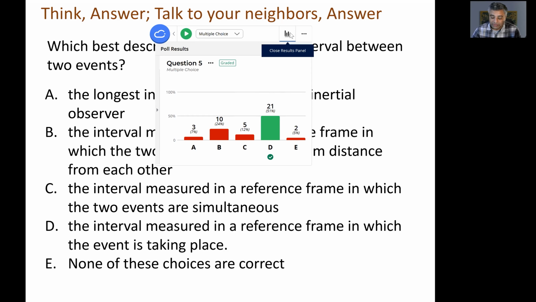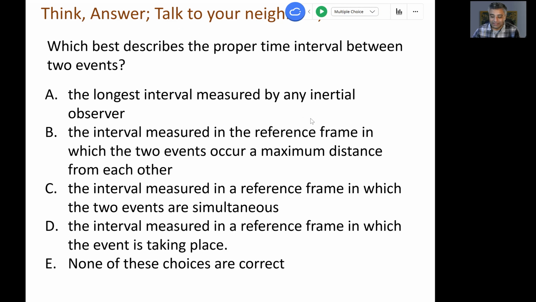So yes, understanding this is important to solve a problem, because the formula itself is simple, but which one is delta T0 versus which one is delta T? That's the confusing thing, okay? So let's keep this in mind, okay?